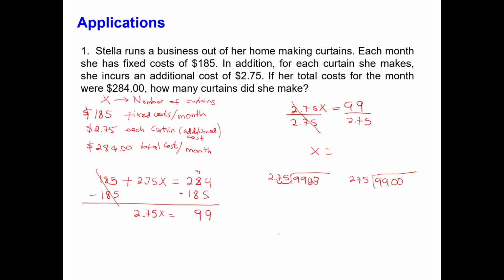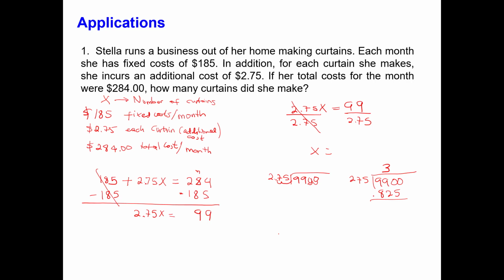Now, how many 275s are in 990? In this case we have 3. 3 times 275 is 825. 3 times 5 is 15, carry the 1. 3 times 7 is 21, plus 1 is 22, carry the 2. 3 times 2 is 6, plus 2 is 8.